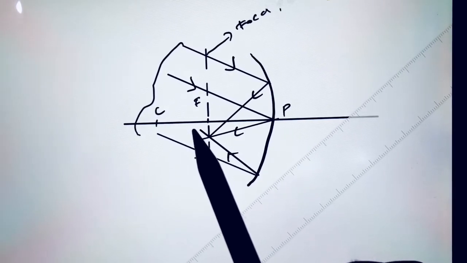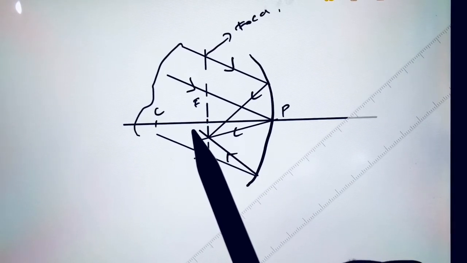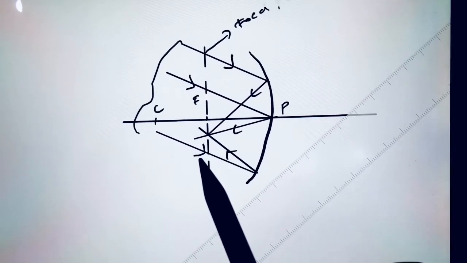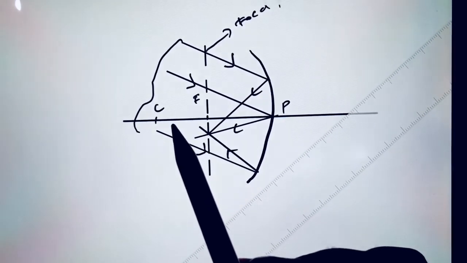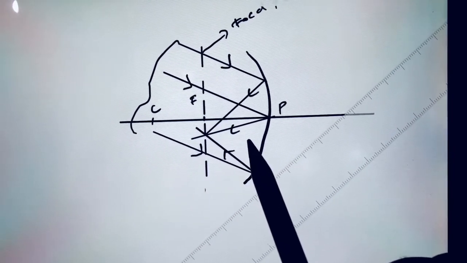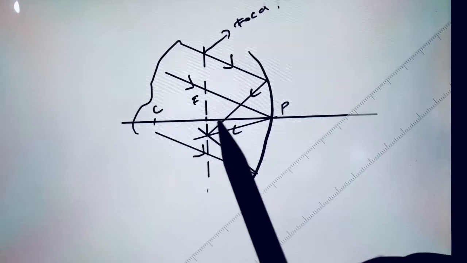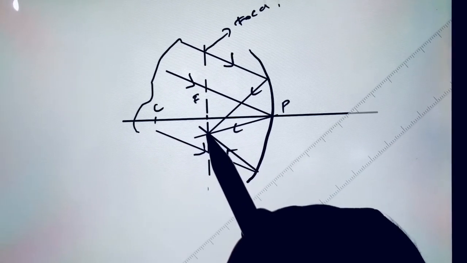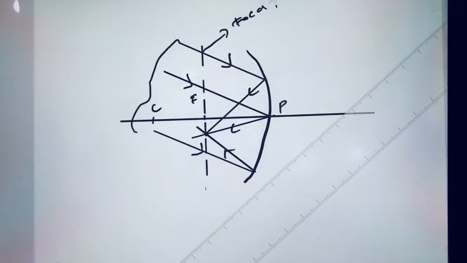It does not necessarily mean that it is very, very far away. There are ways to make these rays of light parallel, which will be explained later. But anyway, whenever rays of light that are parallel to each other are incident on a concave mirror, those rays of light are going to get focused at a point on the focal plane. So this is where these rays of light meet.